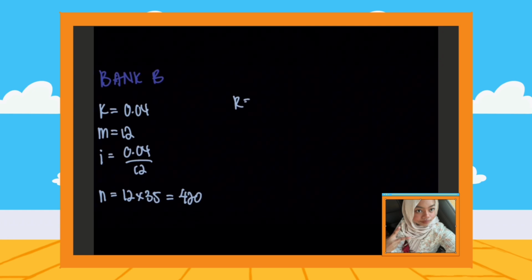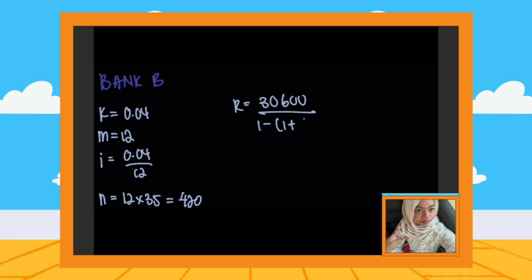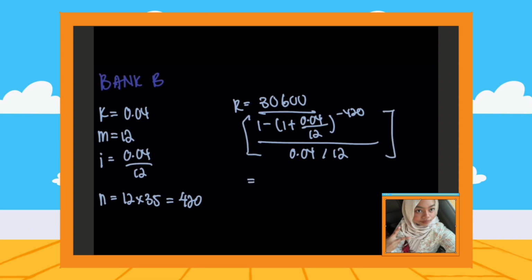So we need to find the R. 306,000 divided by 1 minus 1 plus 0.04 divided by 12 with the power of negative 420, and you divide it by the I, which is 0.04 divided by 12. The answer you will get is 1,354 ringgit 89 cents.